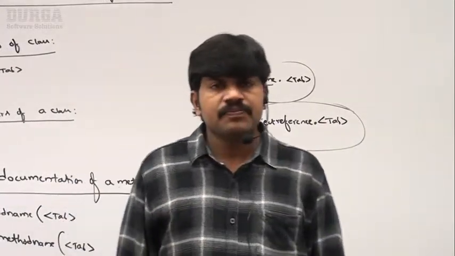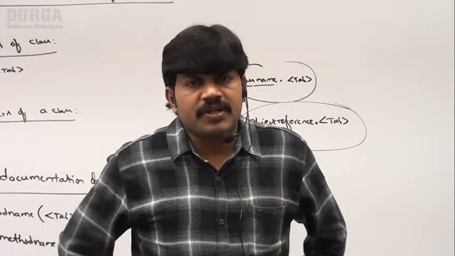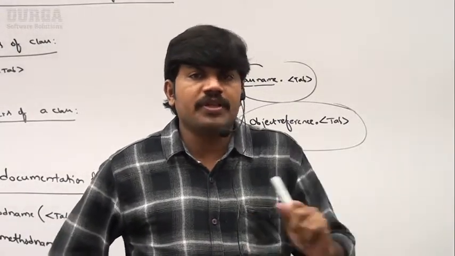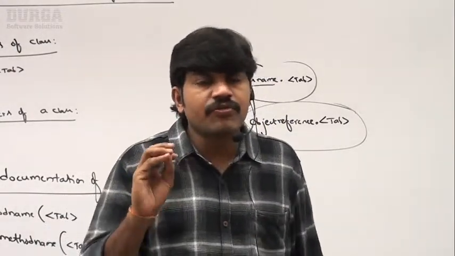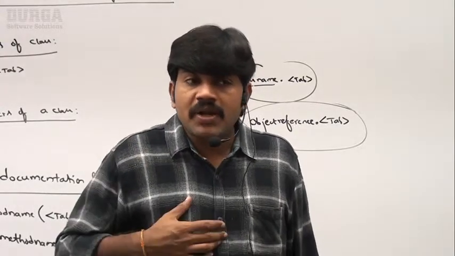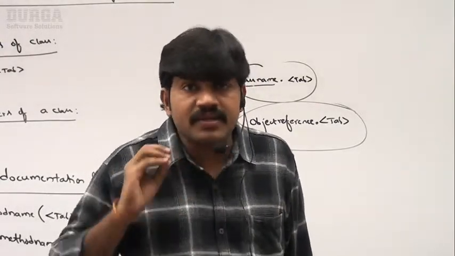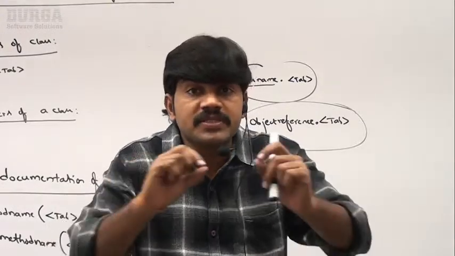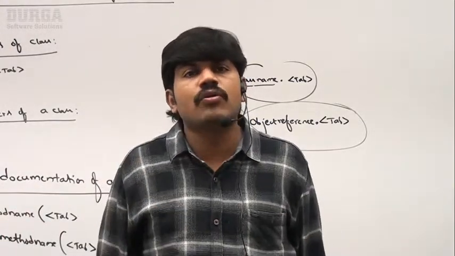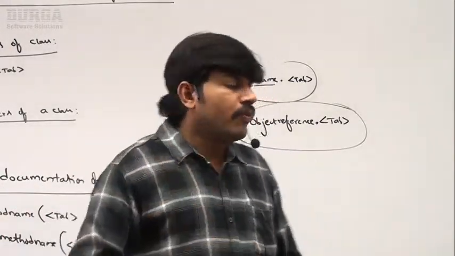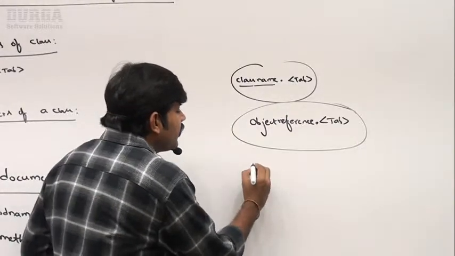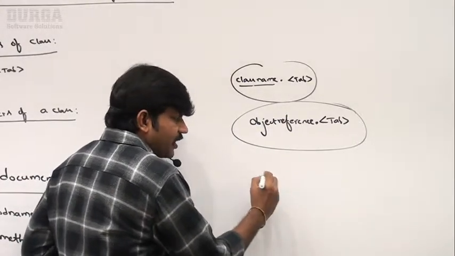Similarly, my requirement is, I know one method. In the Math class, the sqrt method is there, but I don't know the return type or the complete signature of that method. I don't know that. If you want to know that, what you have to take, if it is a static method?